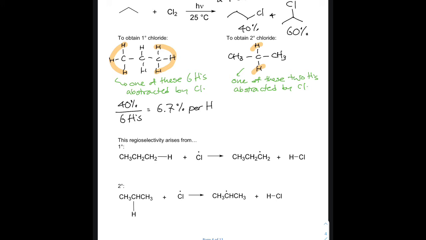If one of those 2 gets taken by the chlorine radical, then you get a secondary chloride.